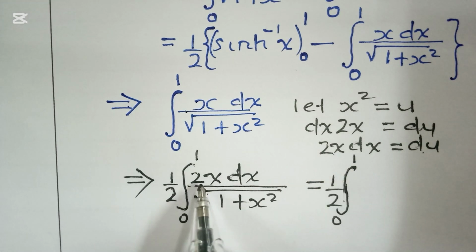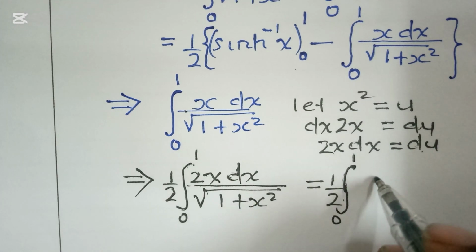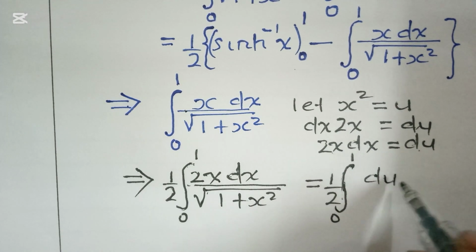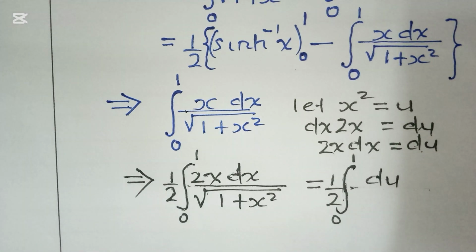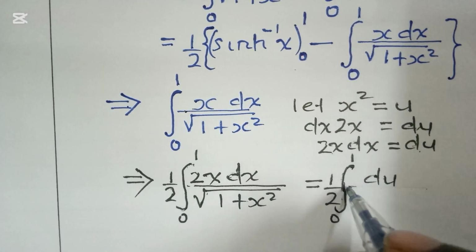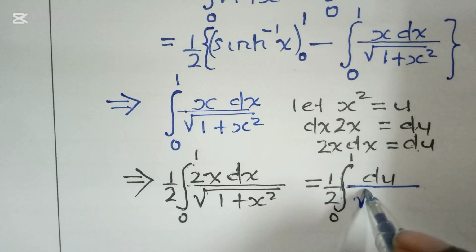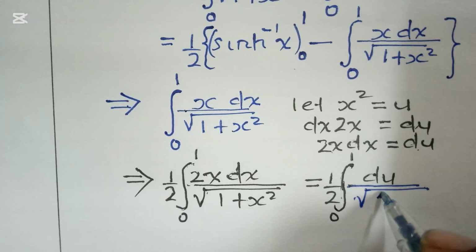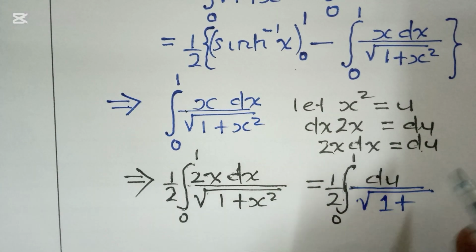I replace 2x dx, so this is going to be now du all over, here I can use the blue biro pen, all over square root of 1 plus x squared. The x squared is supposed to be u.